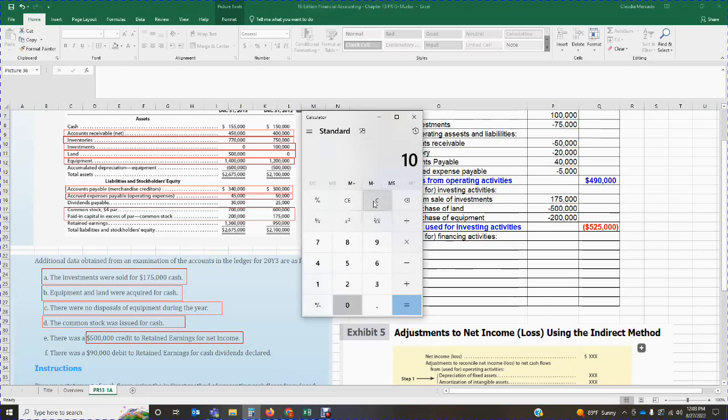So we have a 100,000 increase from common stock and a 25,000 increase from paid-in capital. That means I have an increase of $125,000, and this is actual cash that we receive from the sale of common stock. You combine both increases.